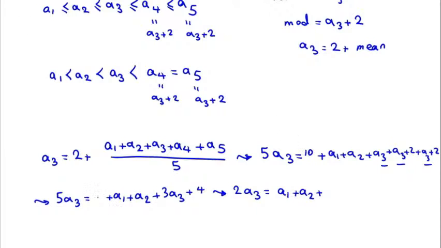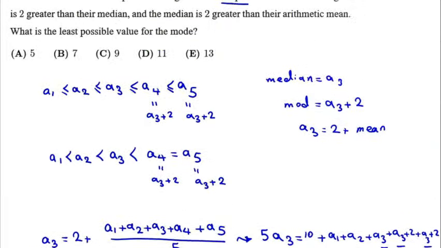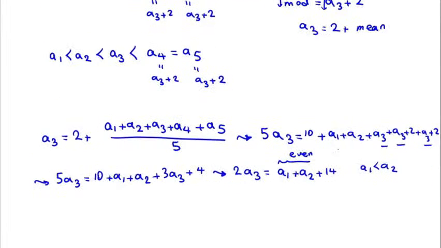It will be 10, it will be 10, and 10 plus 4, 14. A1 is not equal to A2, and the left hand side is even. So this part also should be even, and A1 is less than A2. And the problem says what? The problem says what is the least possible value of the mode. So if you want to find the least possible value of the mode, you should minimize A3. The minimum A3 is what?